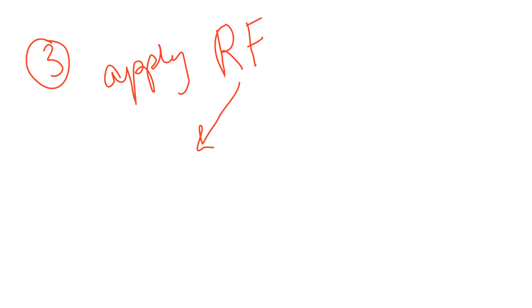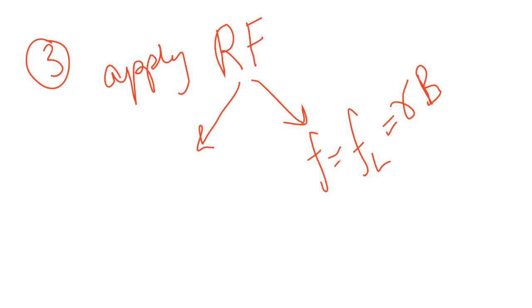Now, once I have them aligned, then apply an RF signal. Now for the RF signal, there are 2 things that you have to know about it. First of all, the magnitude of F must be equal to the magnitude of the Larmor frequency, which is equal to gamma, the gyromagnetic ratio, multiplied by B0. And that's number 1.